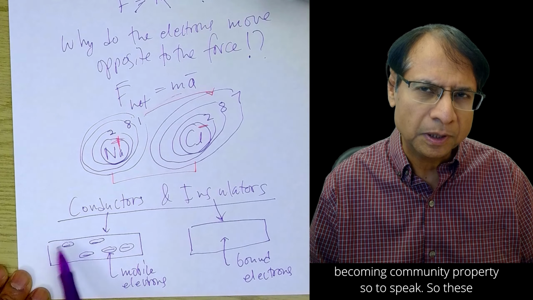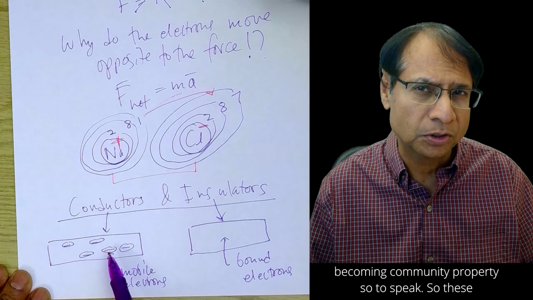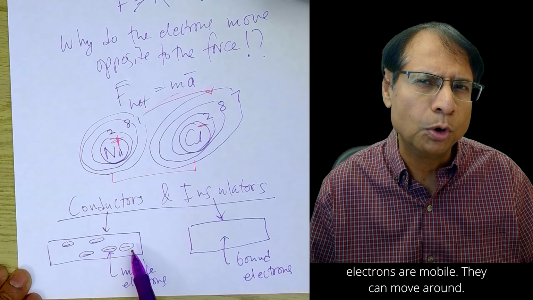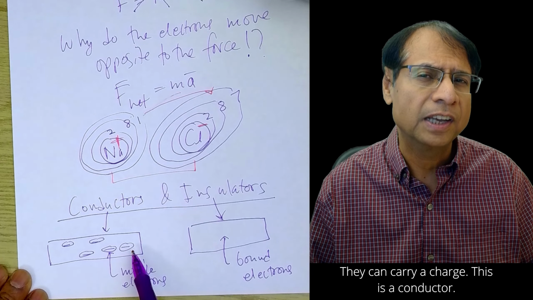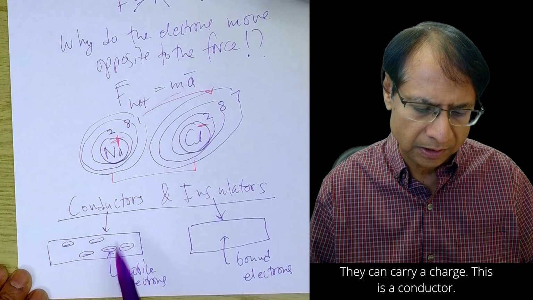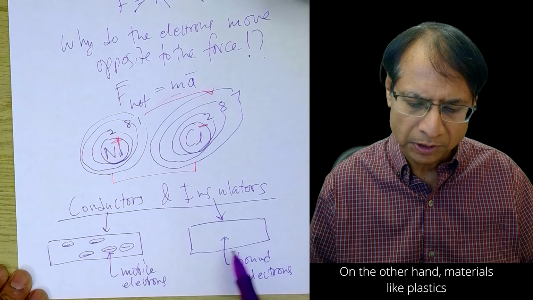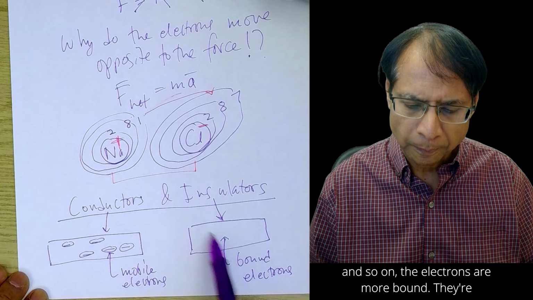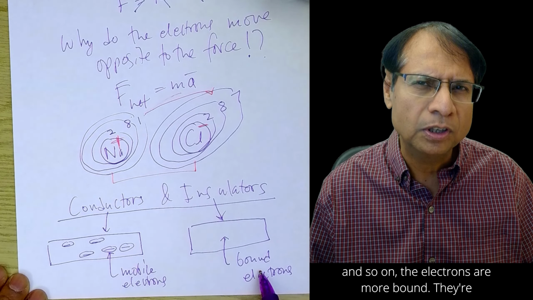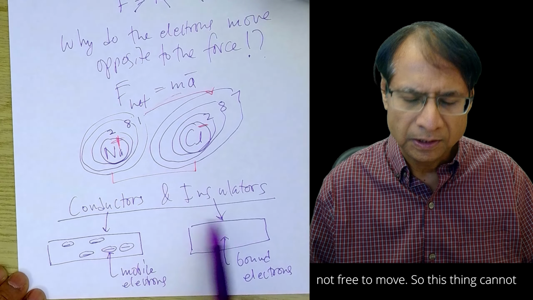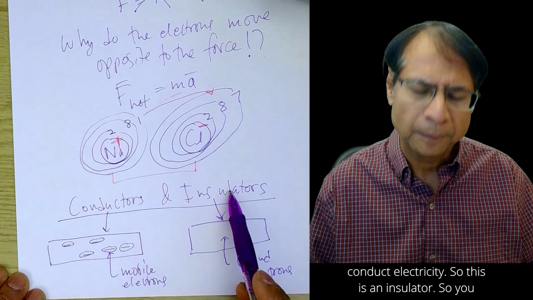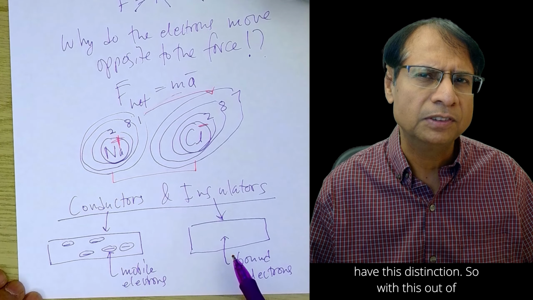So they end up becoming community property, so to speak. These electrons are mobile. They can move around and carry a charge. This is a conductor. On the other hand, in materials like plastics, the electrons are more bound. They're not free to move, so this material cannot conduct electricity. This is an insulator. So you have this distinction.